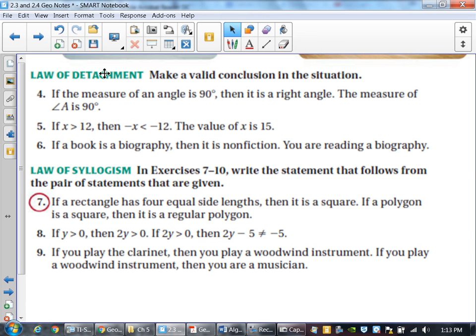So the first one: if the measure of an angle is 90 degrees, then it is a right angle. The measure of angle A is 90. So what can you say? Angle A is a right angle. There's your answer. That's it.